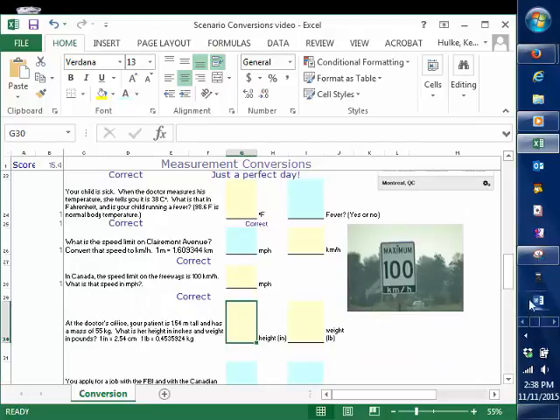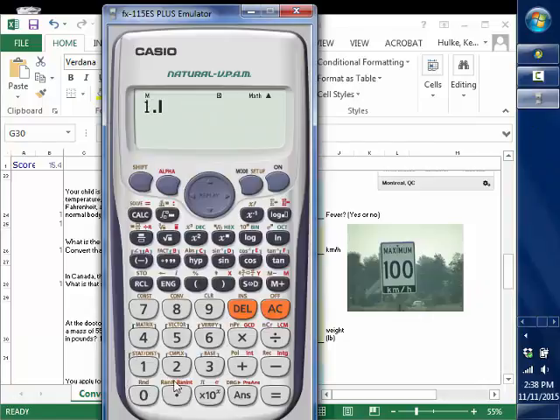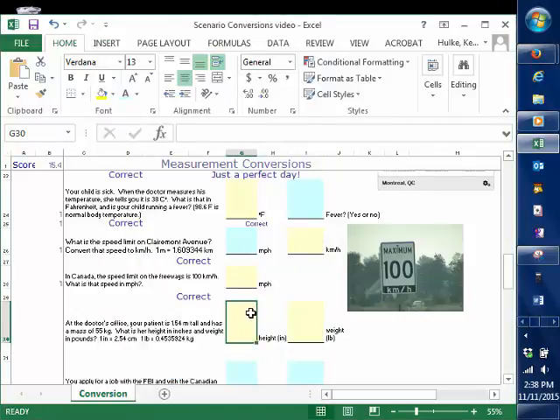So we would take 1.54, shift conversion, number 4, is that meters to feet? Yep. And then once we got that answer, we could just multiply it by 12, and that would be how many inches it is, which I'm going to just write to the nearest inch.